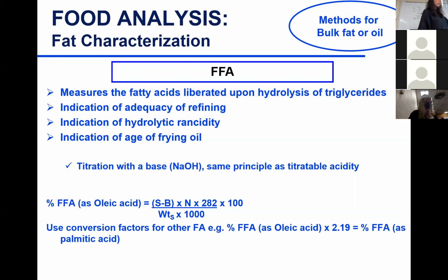So in the presence of phenolphthalein, 1 drop of NaOH is going to turn pink right away. So the blank will be less than the sample. And the more free fatty acids you have, the more NaOH you need to titrate. You titrate to the end point that is pink. In the lab, for all of the other methods, you titrate to colorless. In this case, we titrate for a pink color. And I say here, same principle as titratable acidity.